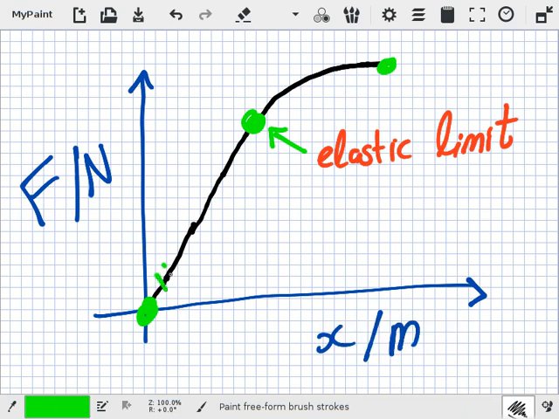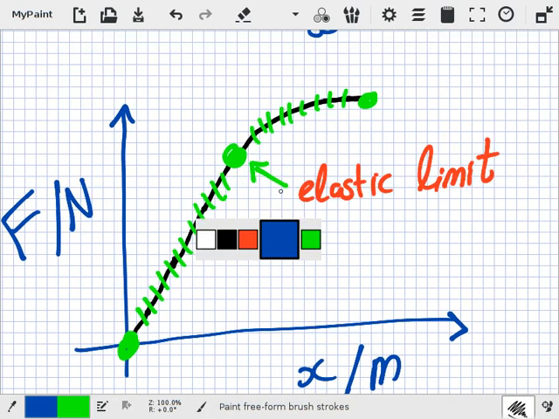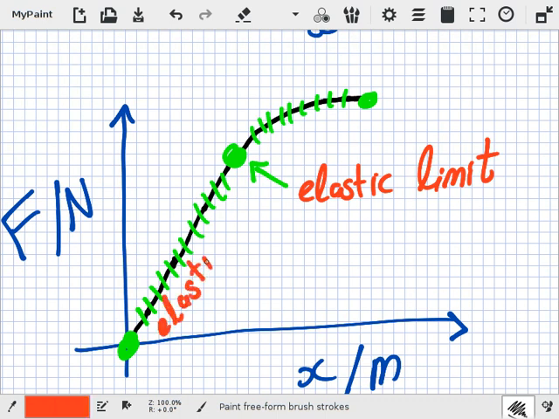So this part here has a name, and this part here has a name. So you won't be shocked to know that this part of the graph is called the elastic region.